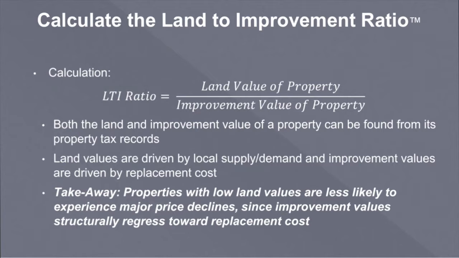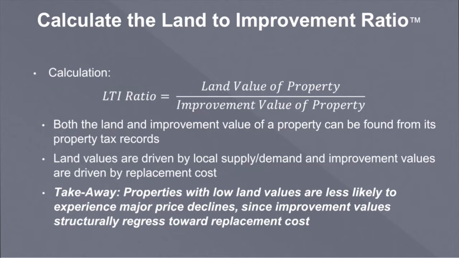Now, if you're looking at a property in a very expensive market, I'll give you an example of the last property I owned in California. It was a home in which I lived. It was in Orange County, California, which is south of Los Angeles. And when I bought this property, it was $815,000. And over the years, it went up in value.